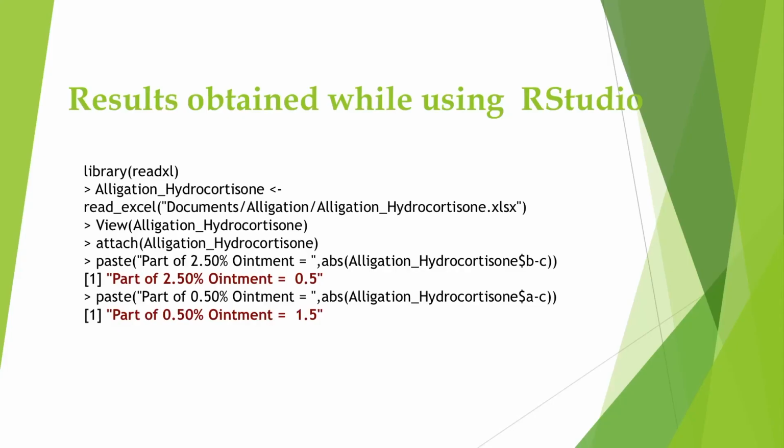Now here is the result we obtained by using RStudio. So we need 0.5 parts of 2.5% ointment, and we need 1.5 parts of 0.5% ointment. That means we need a 1:3 ratio of these two ointments to produce the desired strength.